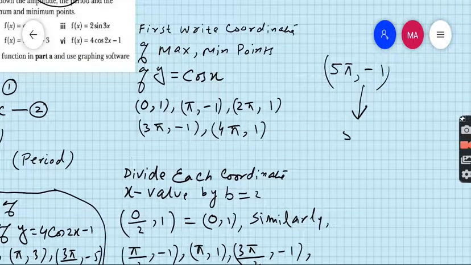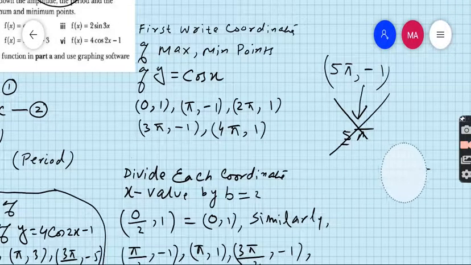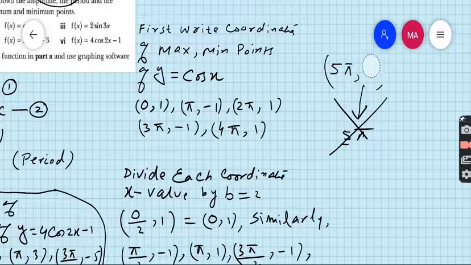Because if you divide 5 pi by 2, 5 upon 2 is 2.5, and 2.5 is greater than 2 pi. So this is not admissible because we will not take any value which is greater than 2 pi. So this whole thing is wrong. I am rubbing this out. That is why I took values till 4 pi.